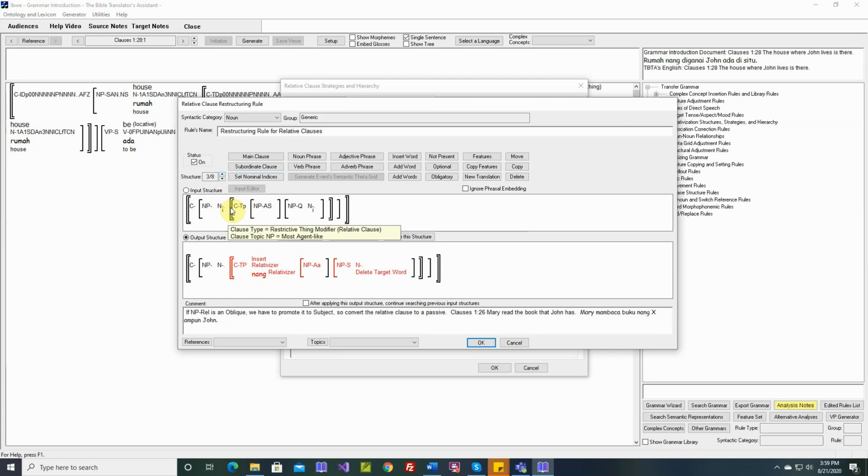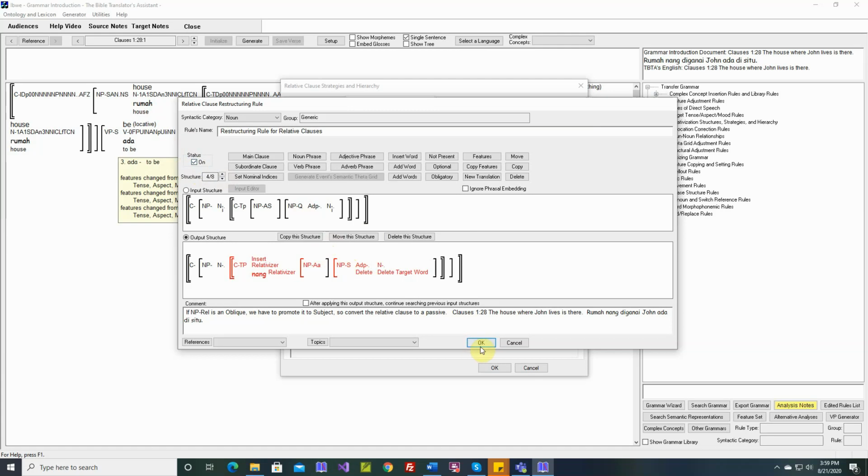This one is saying if there's a relative clause modifying a noun and the NP-rel is an oblique, promote that oblique to subject. And the rule is doing other things as well. Look at one more. If there's an NP-rel with an oblique and an adposition, promote it to subject. This is the structure that will apply in this particular sentence.